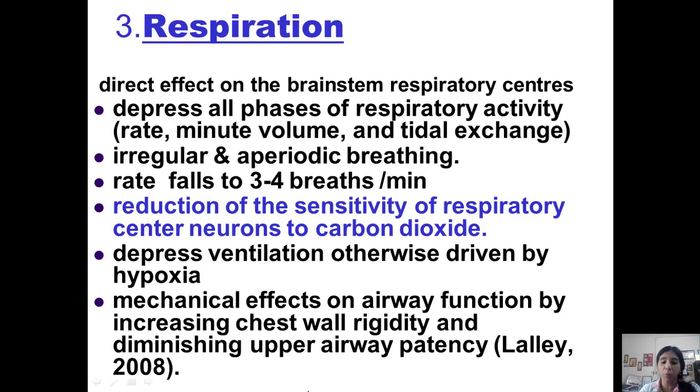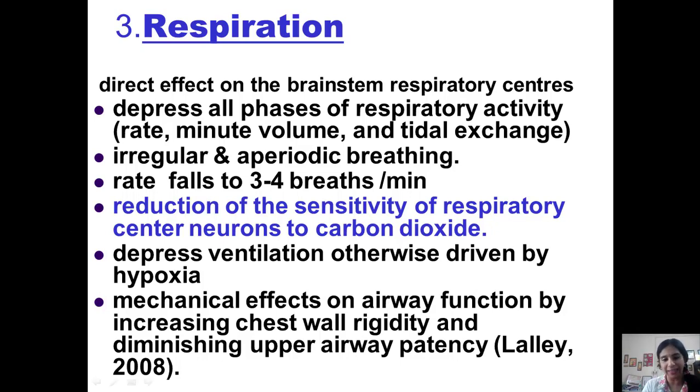The opioids increase the chest wall rigidity, and this is also a spinal action which is seen more if the opioids are given via the subdural route or into the subarachnoid space. That itself decreases compliance as well as causes chest wall rigidity.